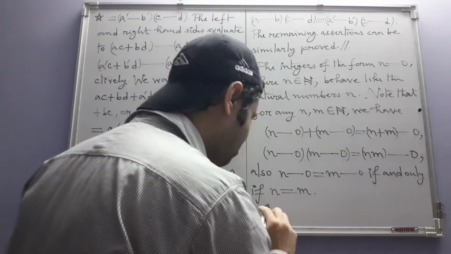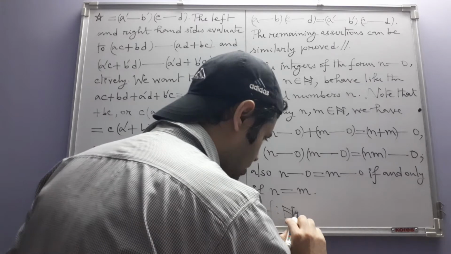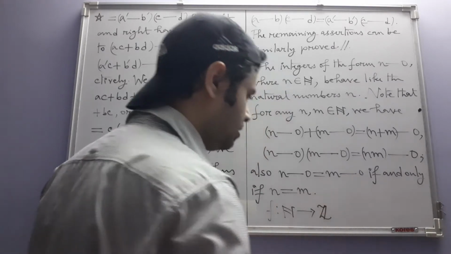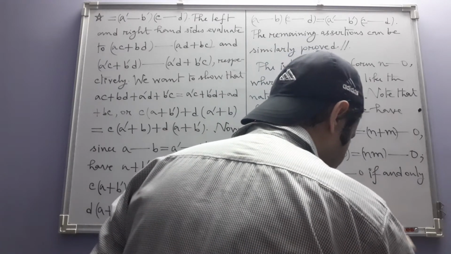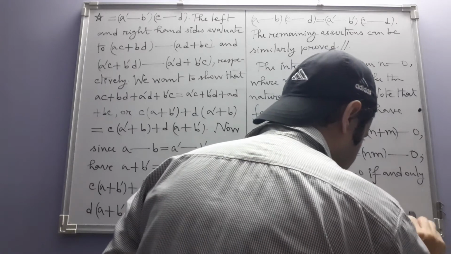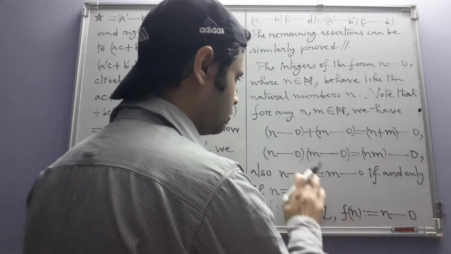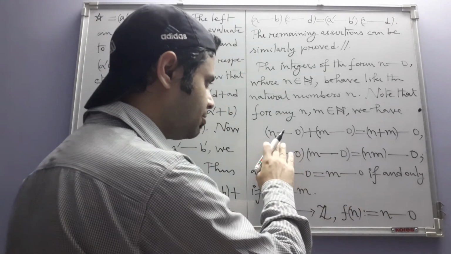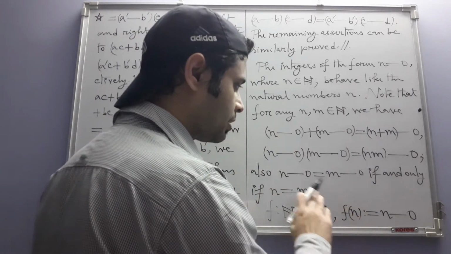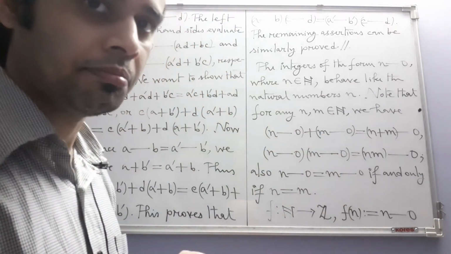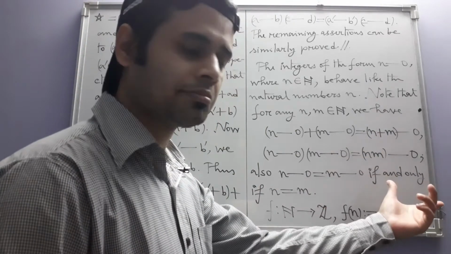If you think of a function, say a function from the set of natural numbers into the set of integers, and the function is defined like this: f of n is equal to n dash 0, then the function behaves in such a manner that if you apply the function on the individual natural numbers n and m, and then take the sum of their images, then you get something.